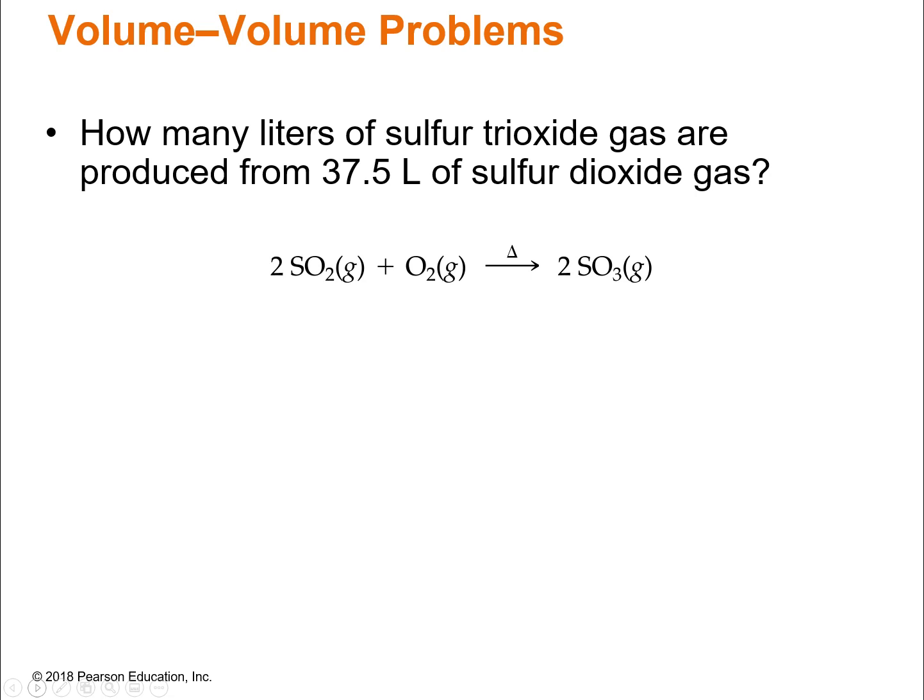I'll set up the problem with you, and then I'll give you a couple of minutes to solve it. How many liters of sulfur trioxide gas are produced from 37.5 liters of sulfur dioxide gas?